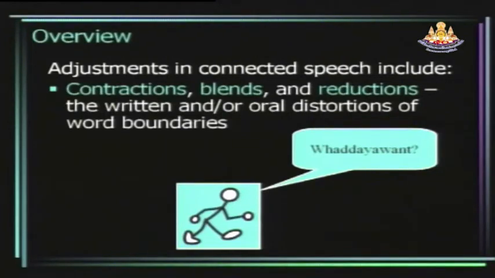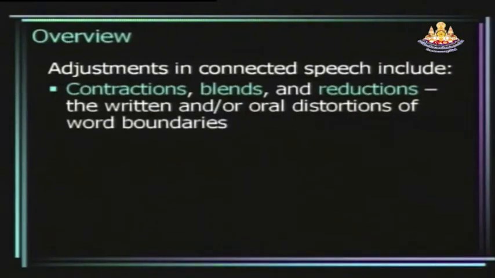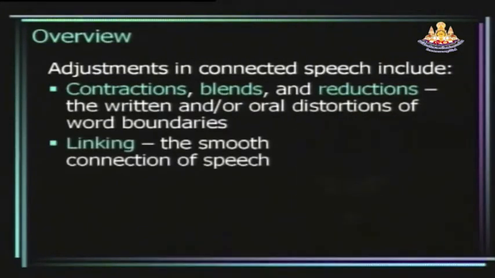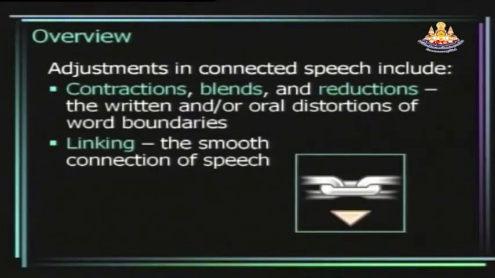I am reduced to I'm, and that's typical in written English. But we have many other types of distortions of word boundaries that occur that aren't written in English but only occur in the spoken form, and those are blends and reductions that I'm going to be talking about more.